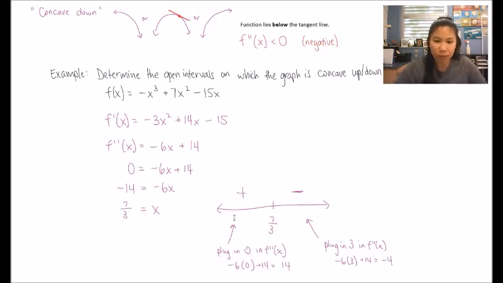So that means, with my plus and minus here, my second derivative was positive when we were less than 7/3. So that section is going to be concave up. The negative side would be concave down.